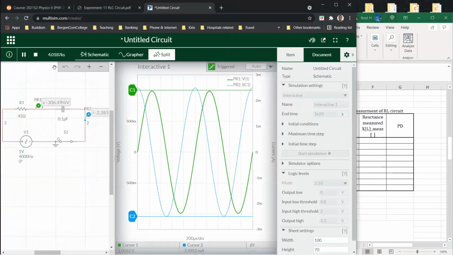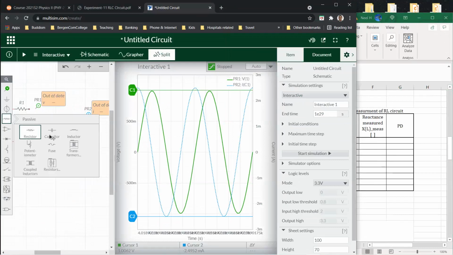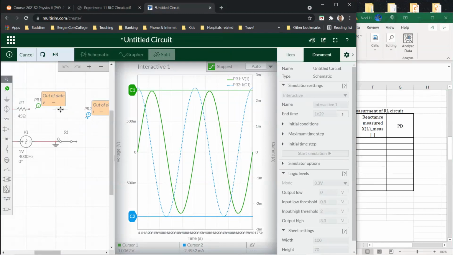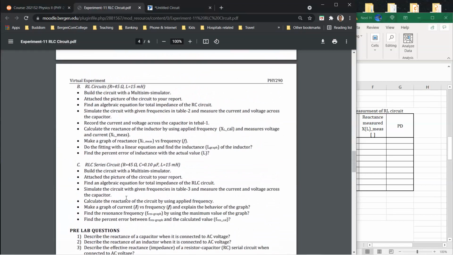So let's do that part here. All I have to do is pop up the simulator, get rid of the capacitor, and put an inductor in. That's all. We'll replace the capacitor with the inductor. For the inductor value we can use maybe about 15 millihenry.